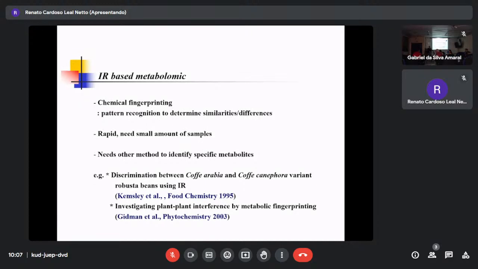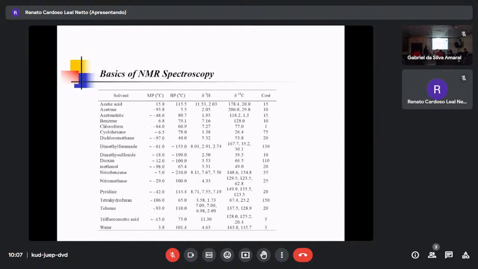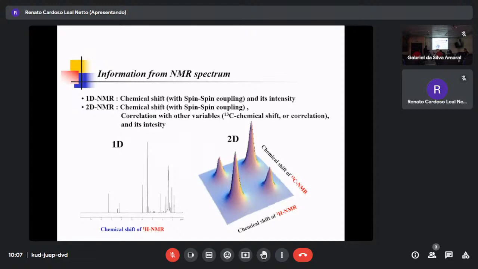Comparing many spectra, but you don't have to suppress the water side. That's why there is the animal step. Depending on the solvent, the water signal is different.